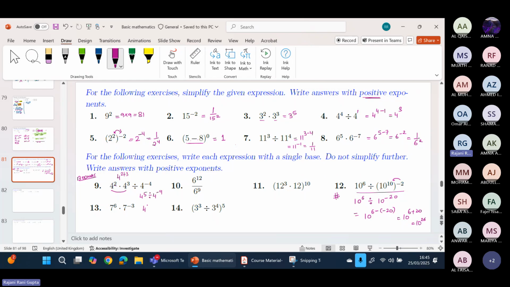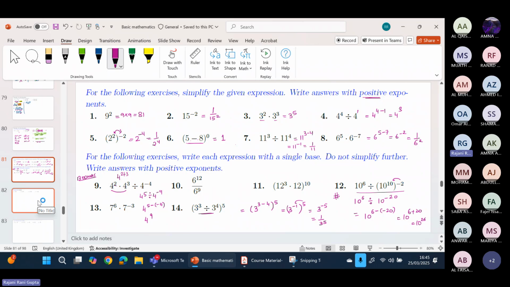Because of divide, minus minus, so 4 power 9. Same thing here. First you simplify the division. This is 3 power 3 minus 4 and whole power 5. So 3 power minus 1 and power 5. Now multiply. So 3 power minus 5, which you can simplify to 1 over 3 power 5. So do step by step.